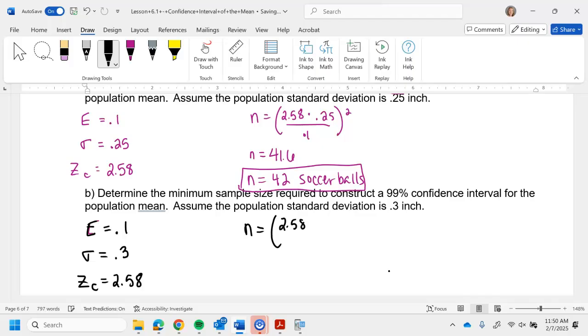So 2.58 times 0.3 this time, divided by 0.1 squared. Going through and multiplying it all out, we get 59.9. And for sake of space, I'm just going to draw an arrow here. Okay. We would need 60 soccer balls for that one.